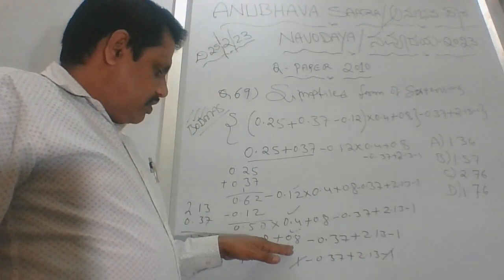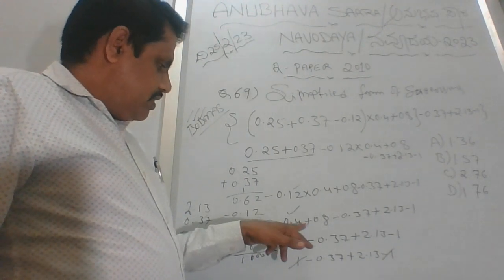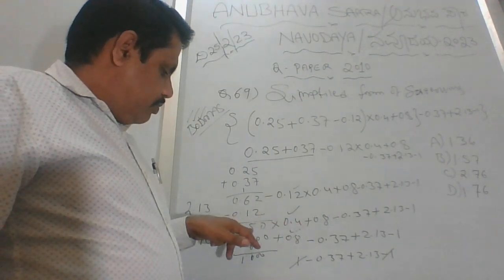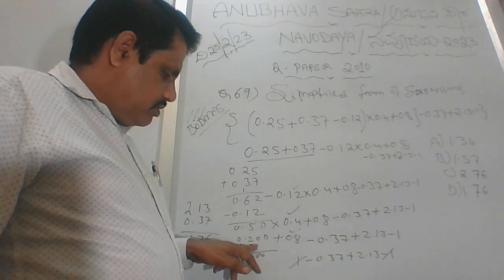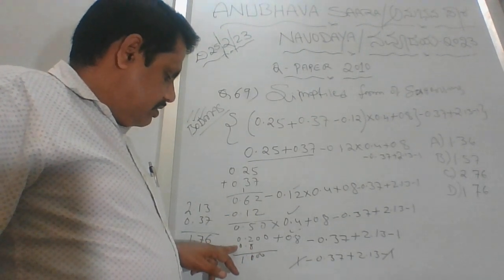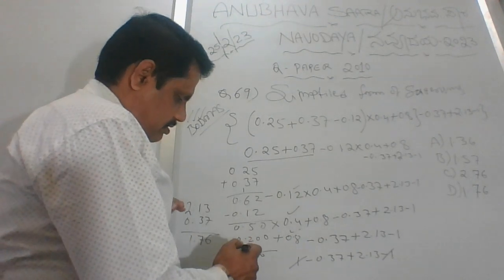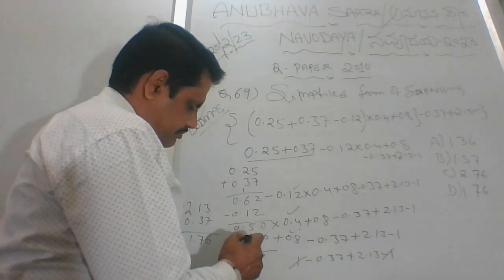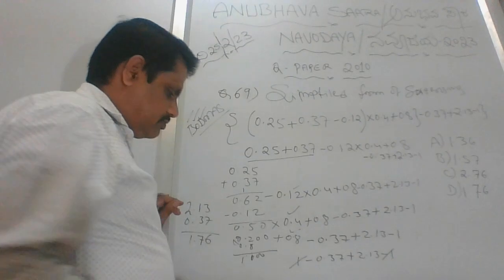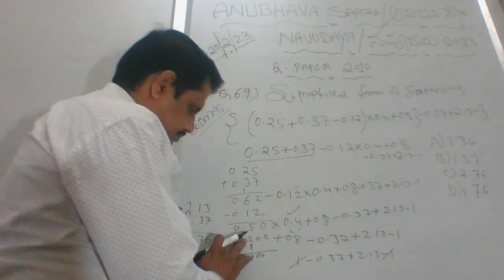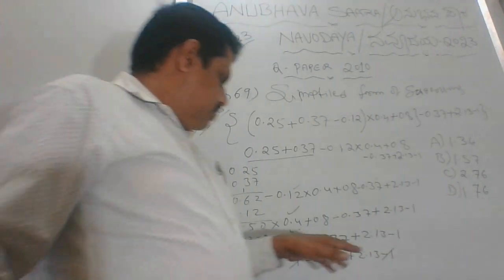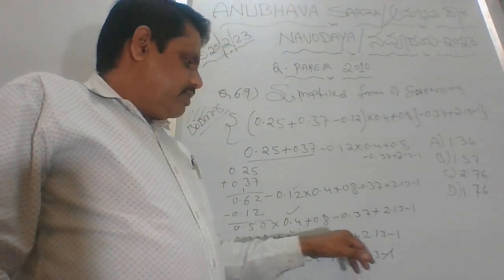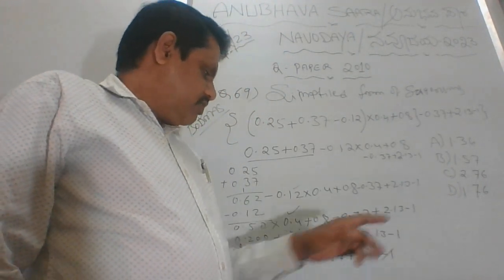The next step was to multiply 0.50 into 0.4. That came to 0.2. Okay, it's 0.2 only, so it should come here. So we received 0.2, then plus 0.8 minus 0.37 plus 2.13 minus 1.